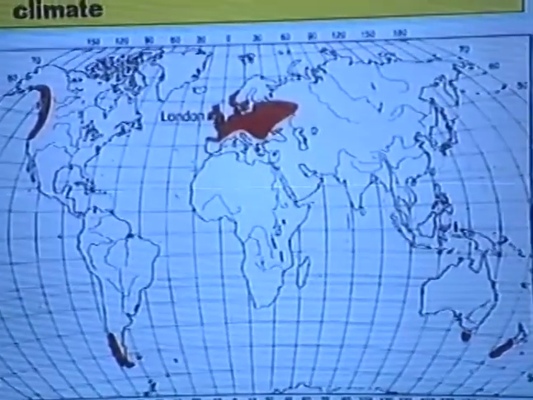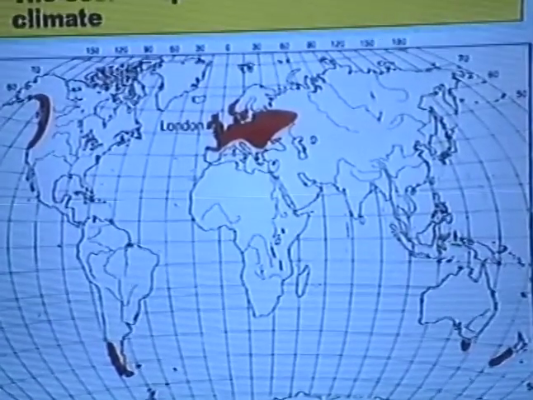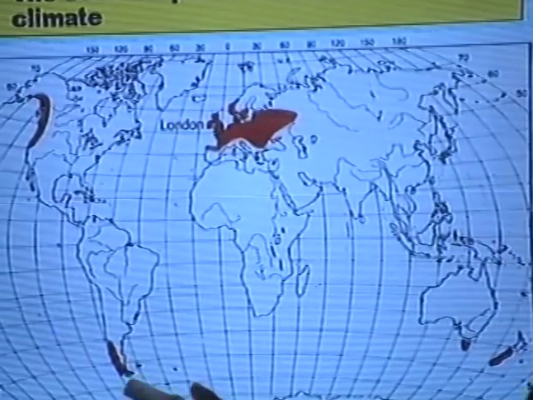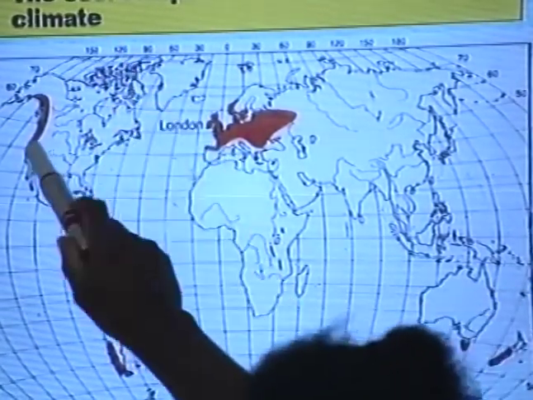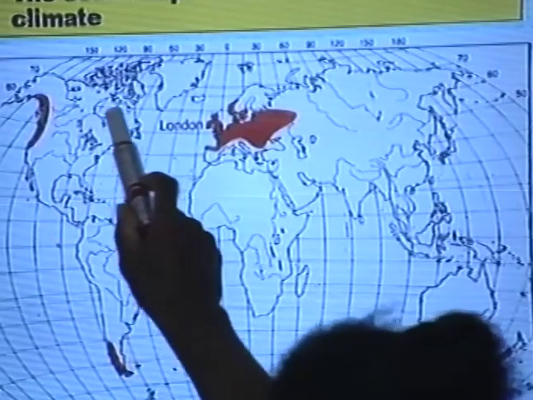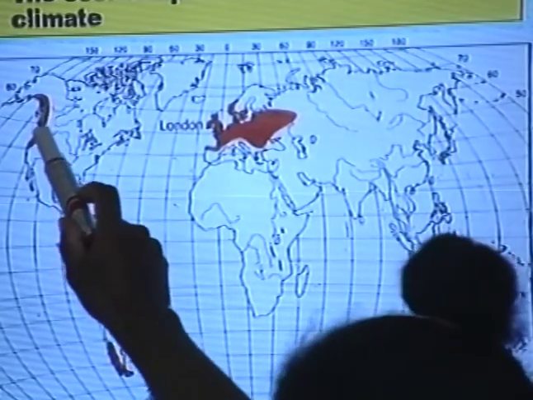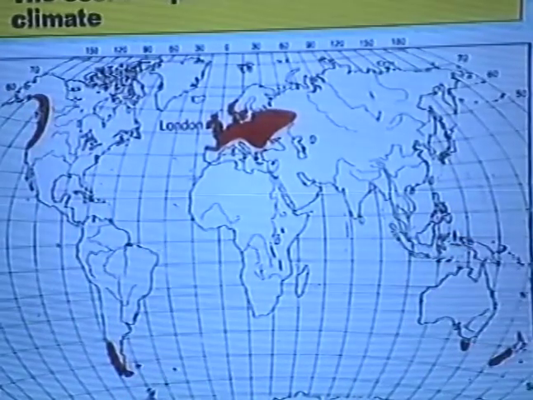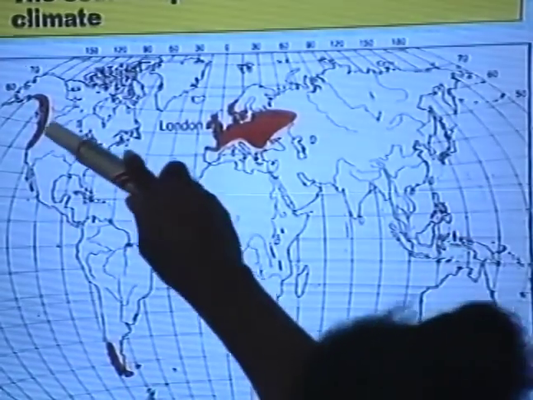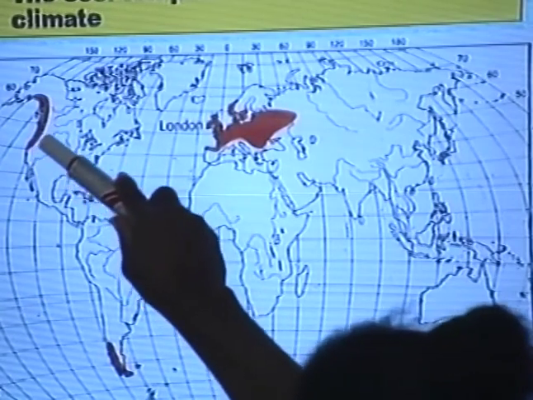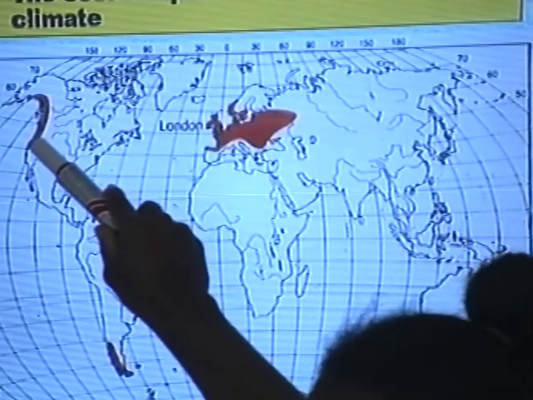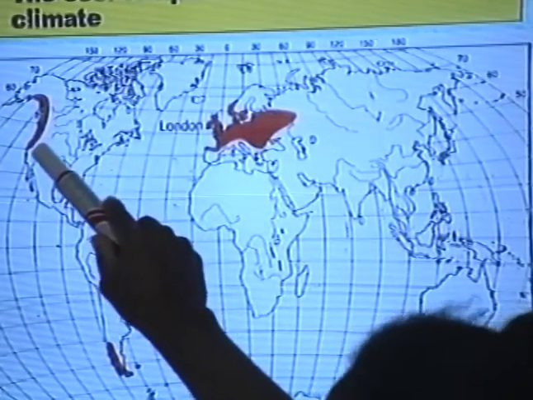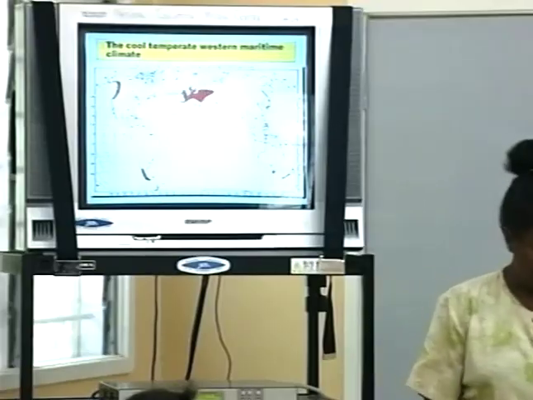The other area would be Western Canada. So we're looking at Canada, the western side mainly of Canada, and also the adjacent areas to the northwest of USA. So Western Canada and also the northwestern part of the United States.